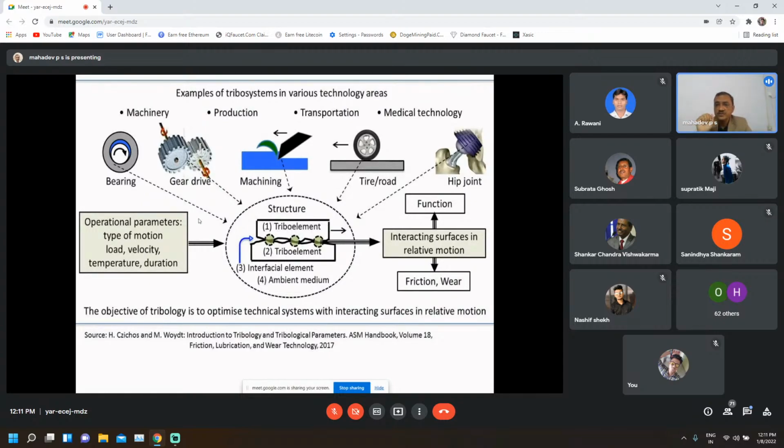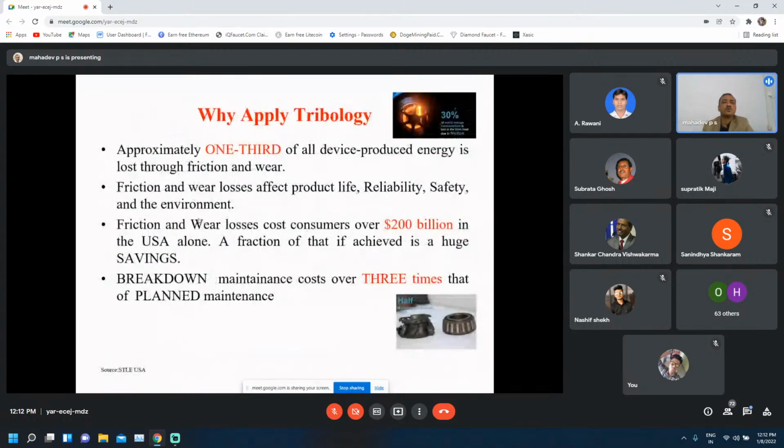Even in transportation, we can see the movement of the tires over the road surface, and even in medical technology, called biotribology, in hip and knee joints, we can find the use of tribology. I will not go into detail regarding the types of wear and other things.